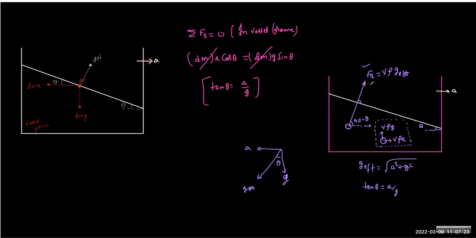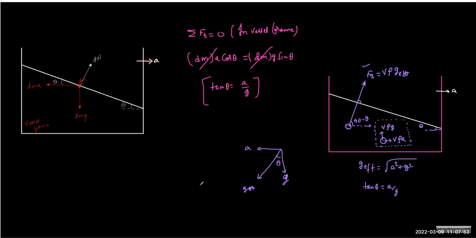If you take the component of buoyant force in the horizontal direction, FB cos (90 minus theta) is FB sin theta, which is V rho g effective sin theta, and g effective sin theta is a. So that is the buoyant force. If you want to write the buoyant force in a horizontally accelerating vessel, you write two components separately, vertical and horizontal. That is a better way of solving it. Okay.